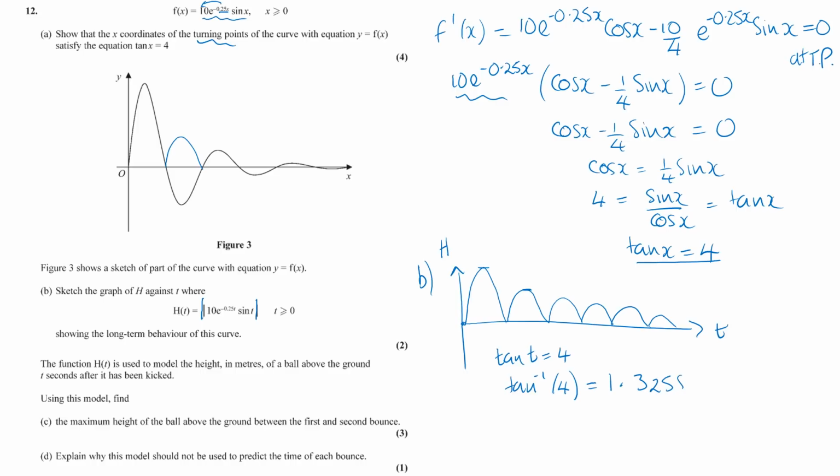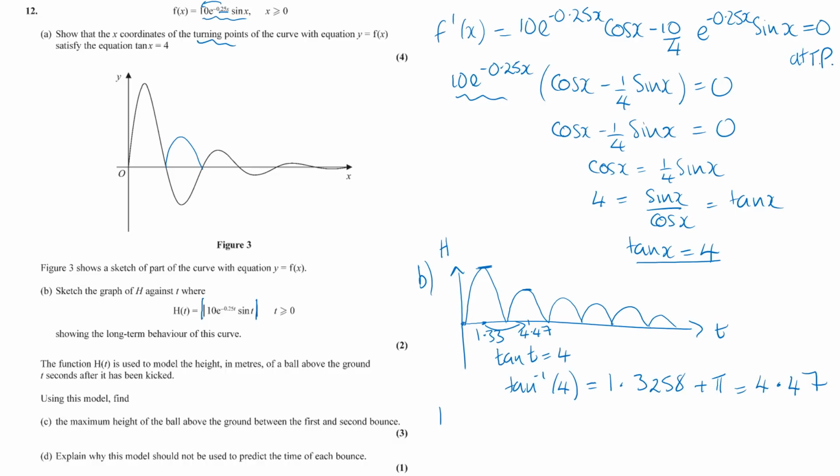1.3258. Now that will be the first maximum here when we've got the first bounce, but you need to add 180 on, so plus pi for the second bounce, and that will give us 4.47. So the first max will be there, 1.33. The next one will be pi later, so 4.47.